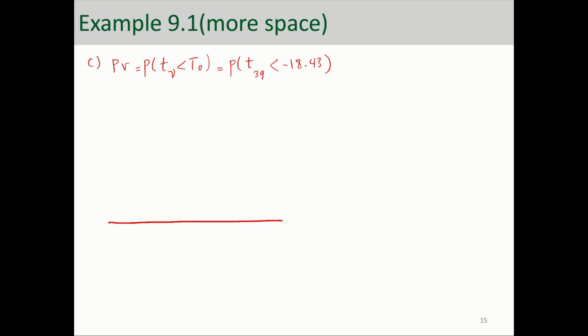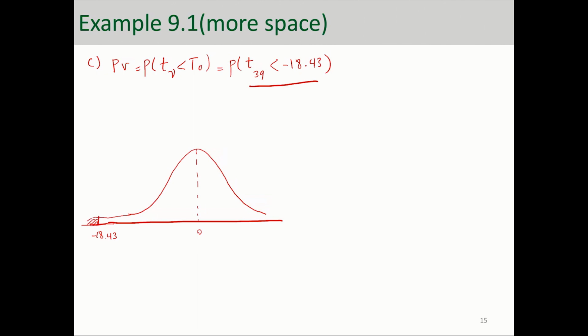Well, let's draw that on the graph. So we know that the t distribution is symmetrical just like the normal. It just has more variation. And we're looking for the probability of t39 less than negative 18.43. This is 0. Negative 18.43 is very much to the left of the graph. Let's say it's here.